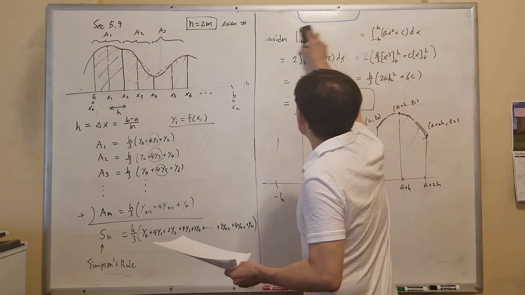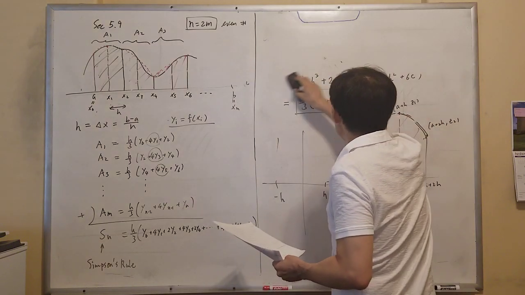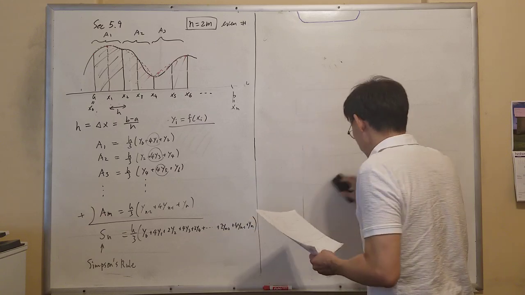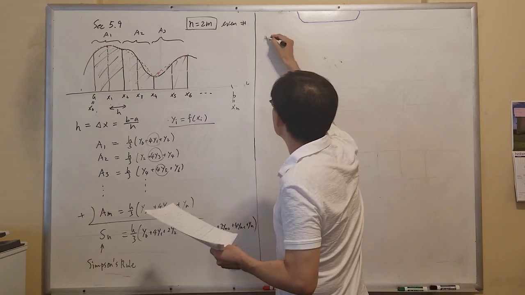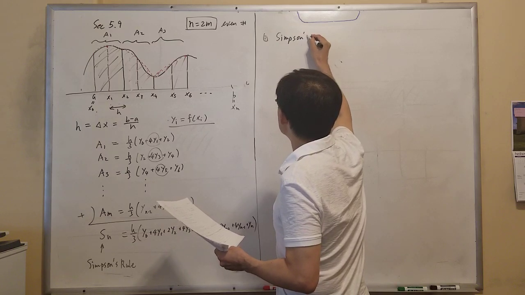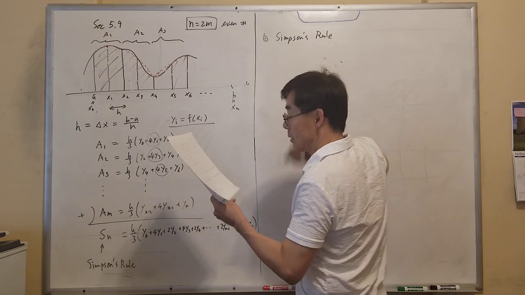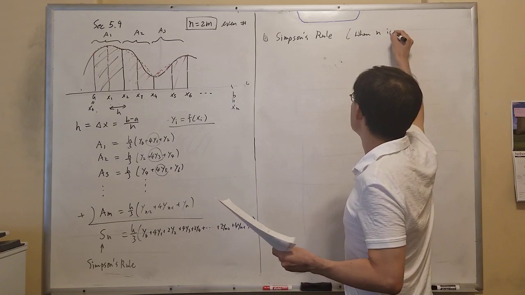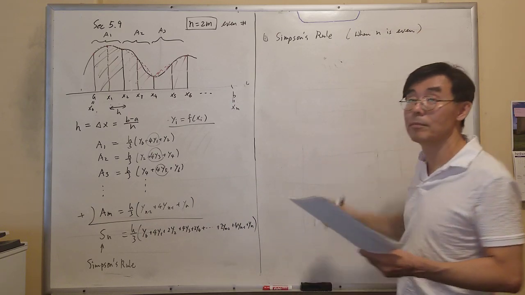So, let's summarize what we just found. Simpson's rule applies only when n is even.